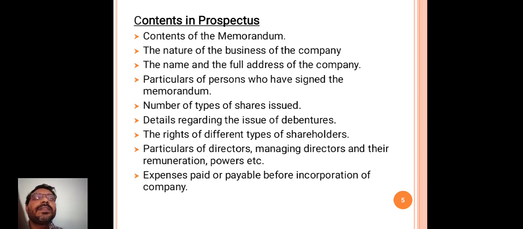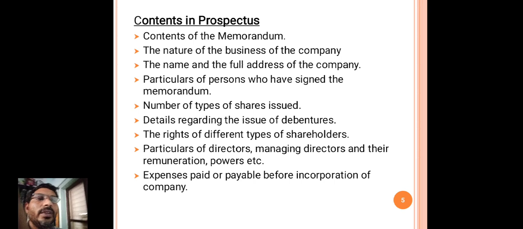The contents in prospectus. Contents of the memorandum. The nature of the business of the company. The names and full address of the company. Particulars of persons who have signed the memorandum. Number of types of shares issued. Details regarding the issue of debentures.